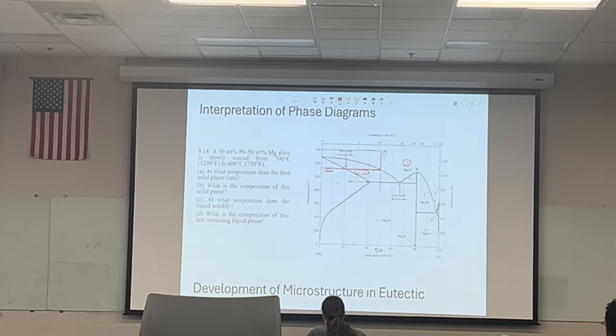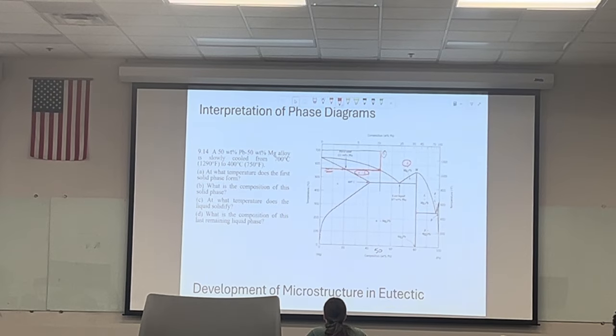For part B, they want to know the composition of that solid phase. The composition of that solid phase corresponds to the intersection with the alpha plus L phase boundary, this point here, with a tie line constructed across the alpha plus L phase region at 560.